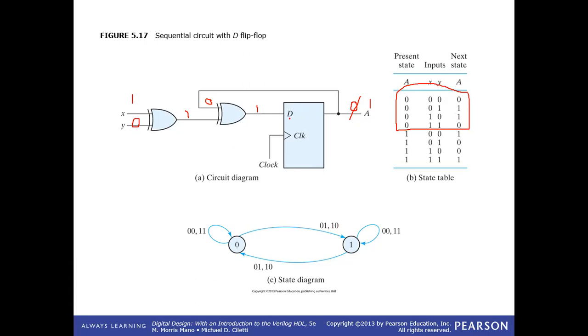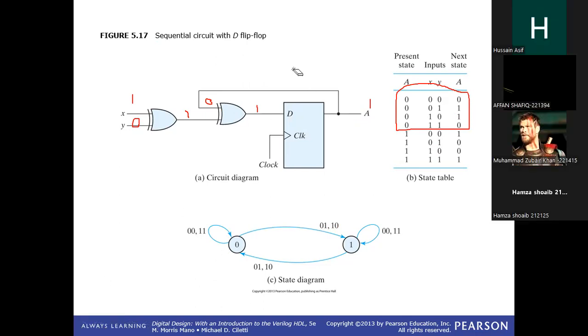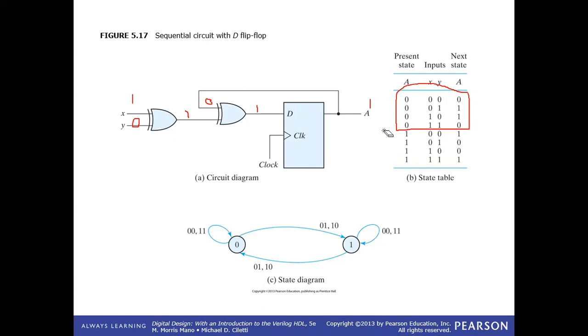Now let's suppose that A is already 1. Okay. So let's suppose that A is already equal to 1. What happens if I apply 0, 0 input now?